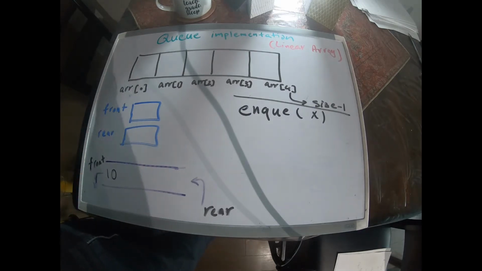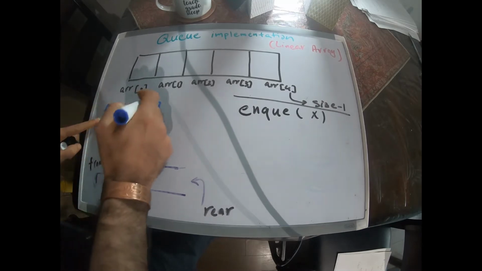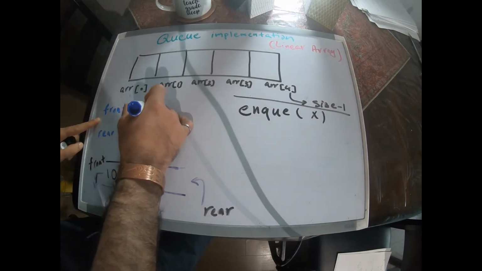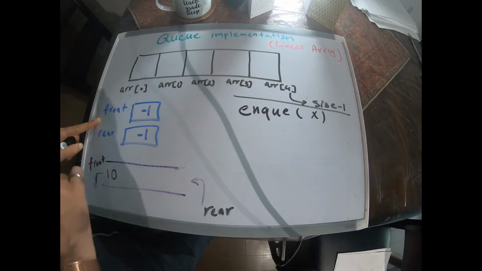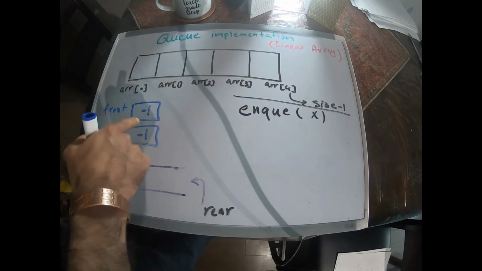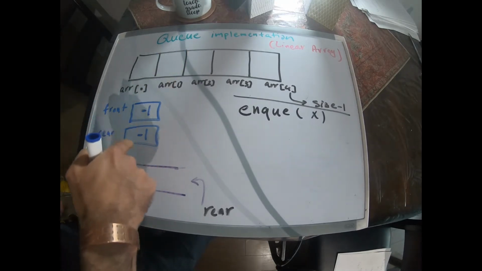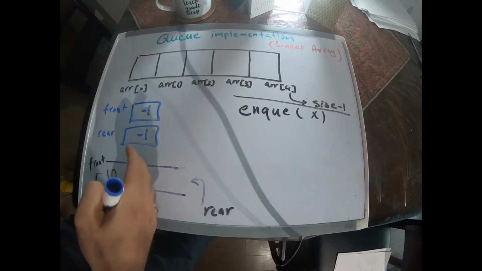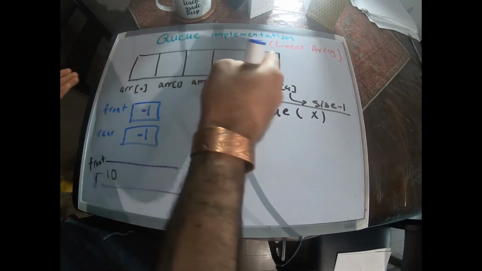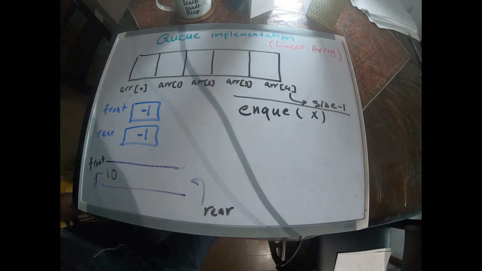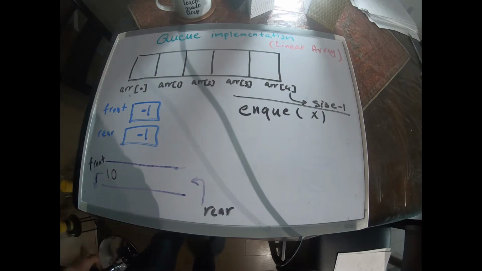So what we do, we initialize both front and rear with number -1, right? So when both front and rear are -1, it means that our queue is empty. Okay, so in this case, our queue is empty, right?